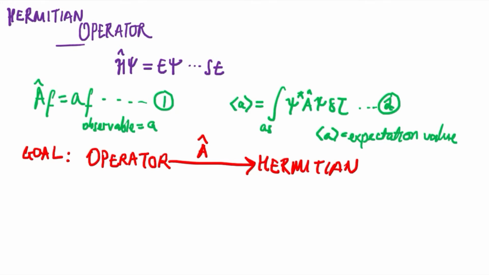To do that, we need to make our small letter a, which is the observable, and importantly the expectation values, to be real numbers in order for this to actually exist.